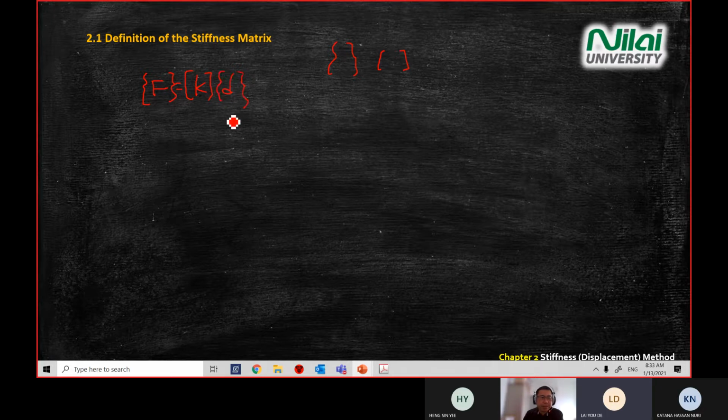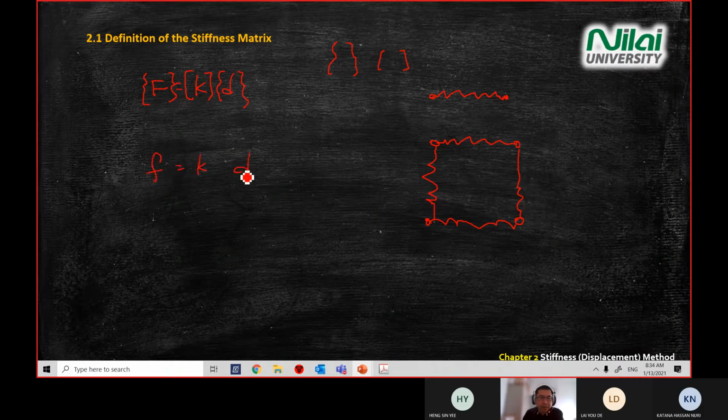Correct. All right. Now, we know from our previous slide that we have two systems. One is a nodal system with a single element, and also a combination, which can be many elements. Now, just now we also learned about this one, F equals KD also.